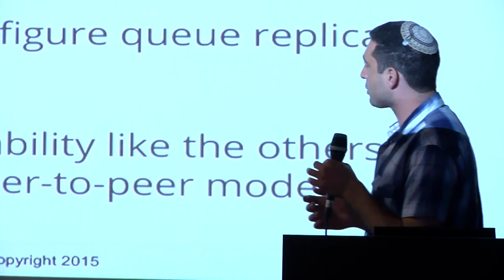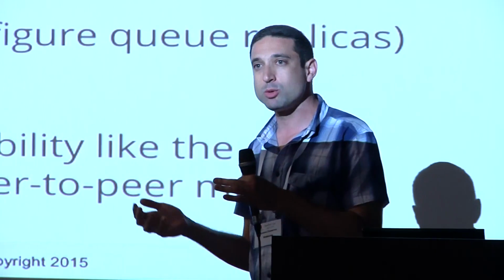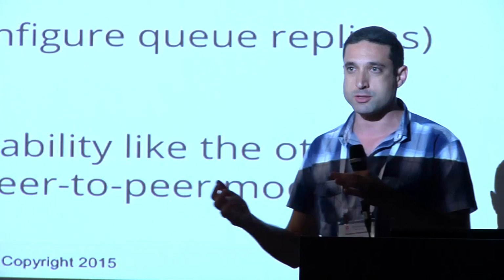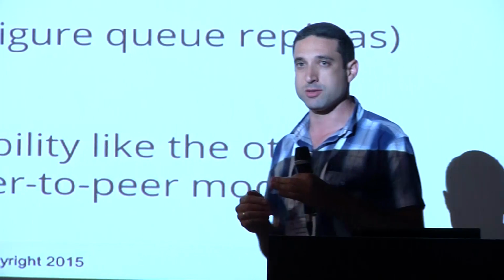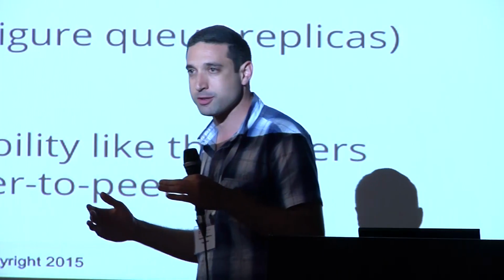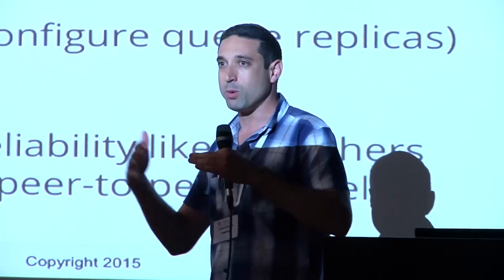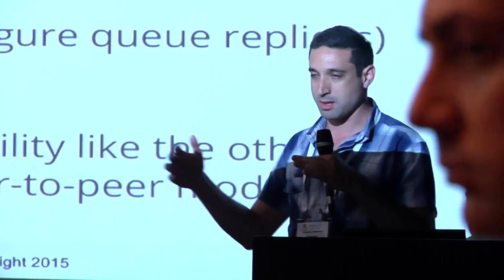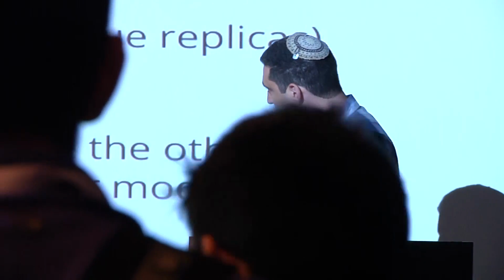But RabbitMQ also has HA modes, which allow multiple brokers. It has some nice features of linear scalability, where as you're adding more nodes to your system, you're getting more and more queues, and it's distributed better around your cluster.